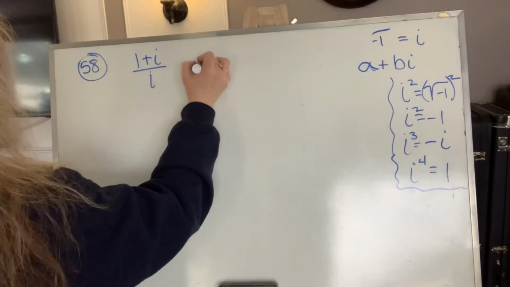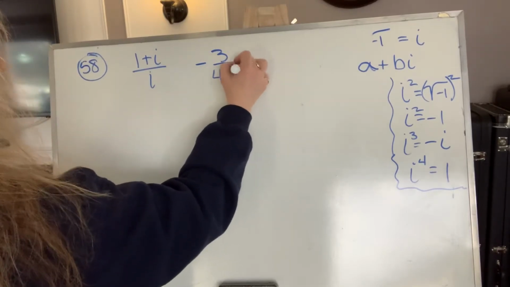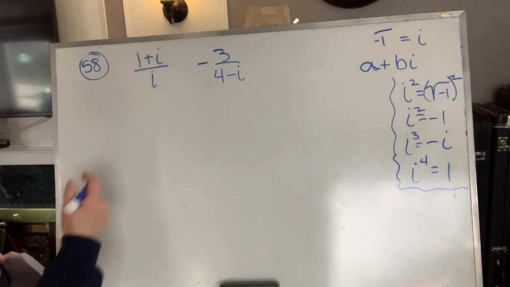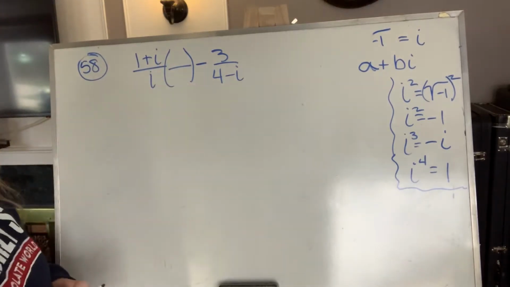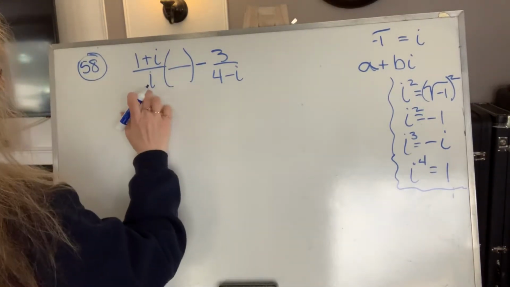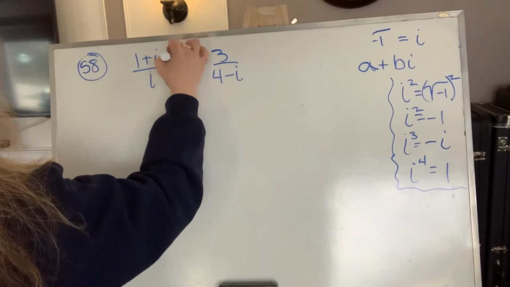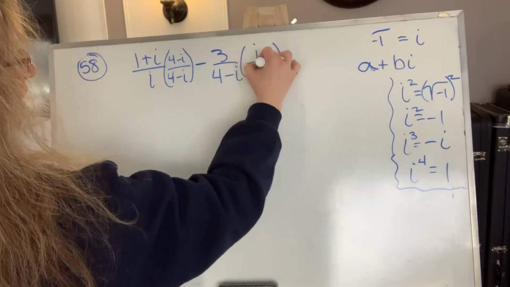I have to have a common denominator in order to add or subtract fractions. My common denominator is simply these 2 denominators multiplied together. So the first one, I need to multiply top and bottom by 4 minus i. The second one, I'm going to multiply by i over i.